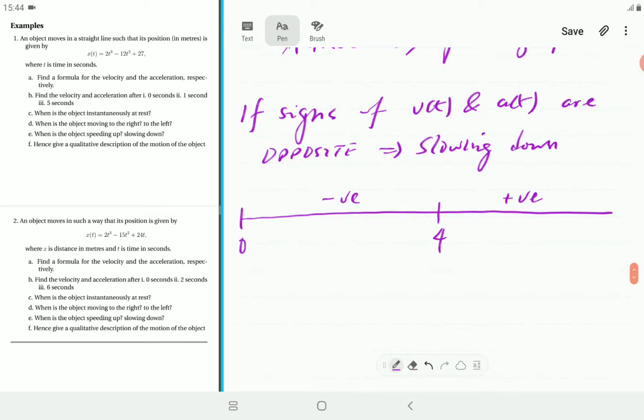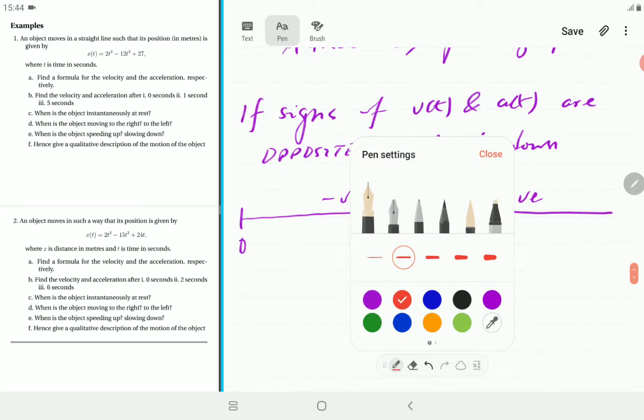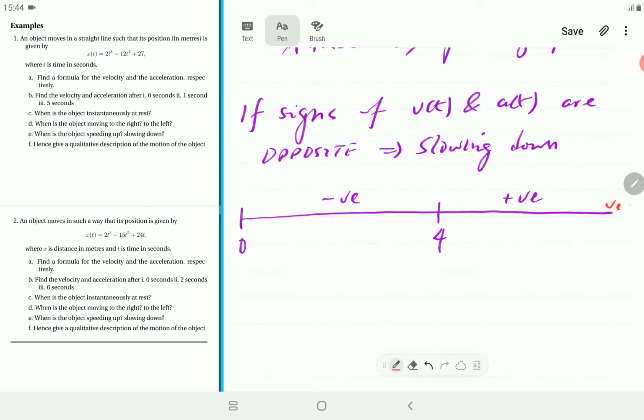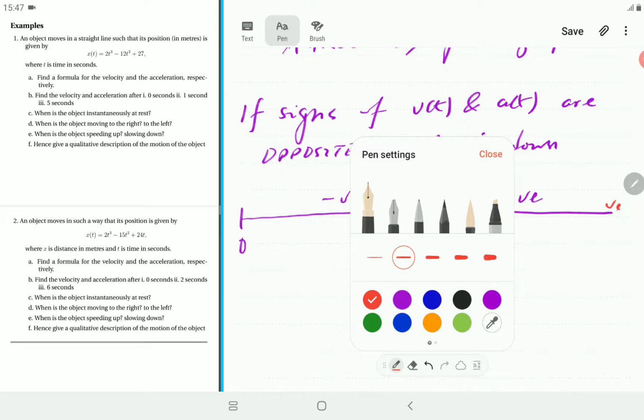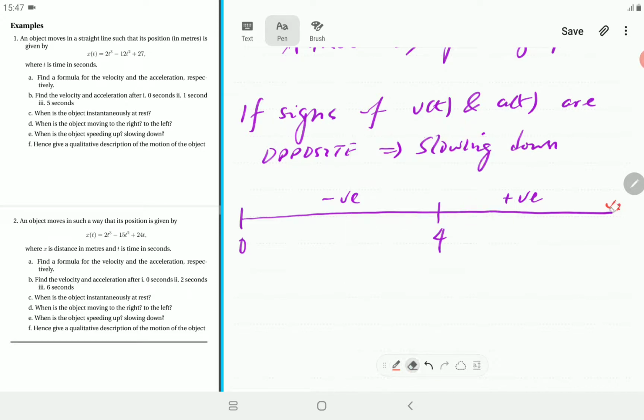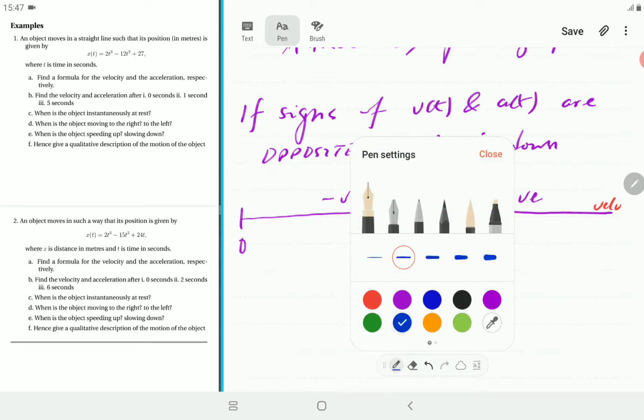So this is the velocity timeline here. Then I'm going to do the acceleration timeline.